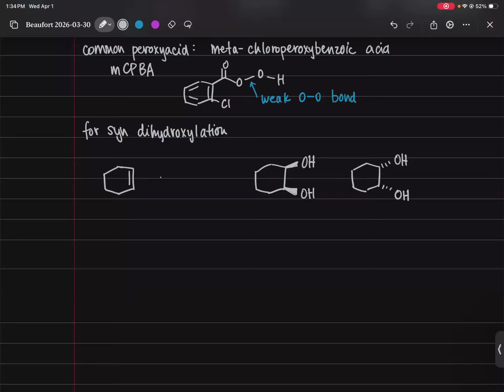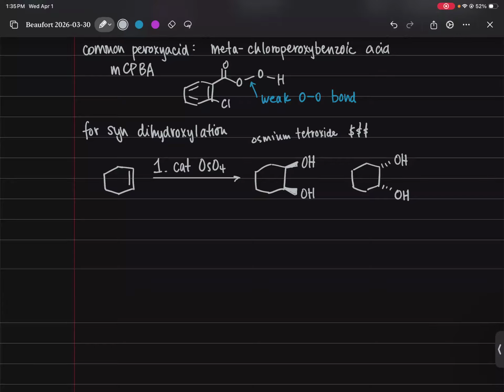The reagents are catalytic osmium tetroxide. I would try to draw the toxic symbol, but I can't draw.